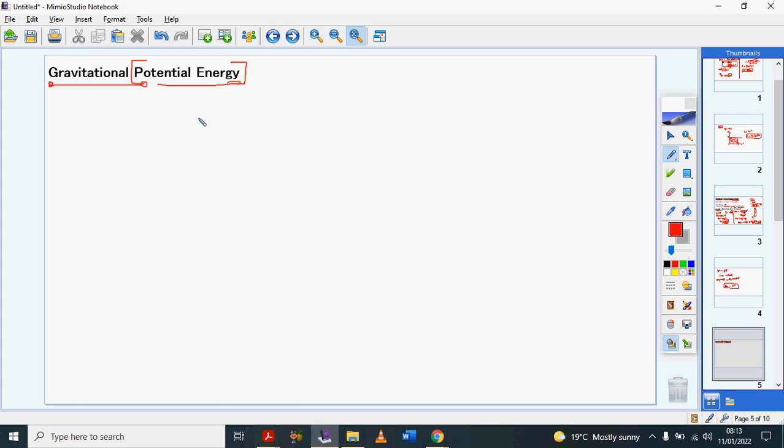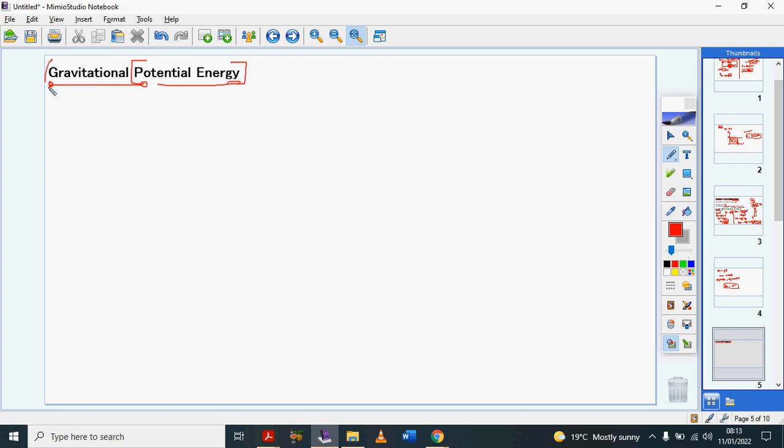When you compress the spring, if you keep it compressed, nothing will happen, but as soon as you let go of the spring, there's potential for that spring to extend and therefore do some work or do some damage. So anything that has that kind of potential to do work, to transfer energy, we say it has potential energy. That's the idea behind potential energy.